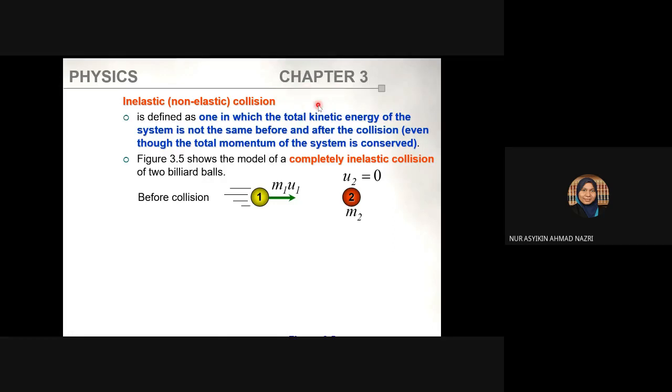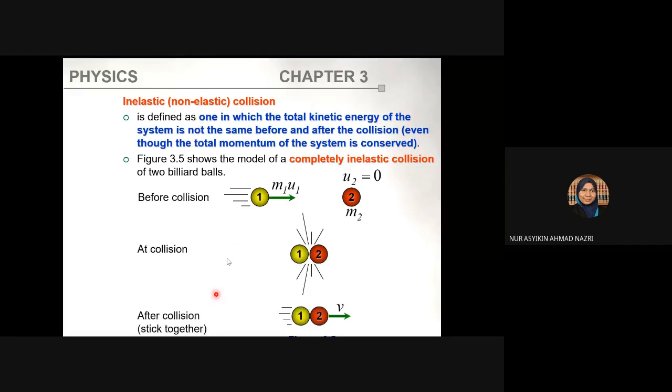Because it's going to have the same value of velocity at the end. So that is the condition for an inelastic collision, where after the collision, whether they stick together or not, if they have the same velocity, then we classify it as an inelastic collision.